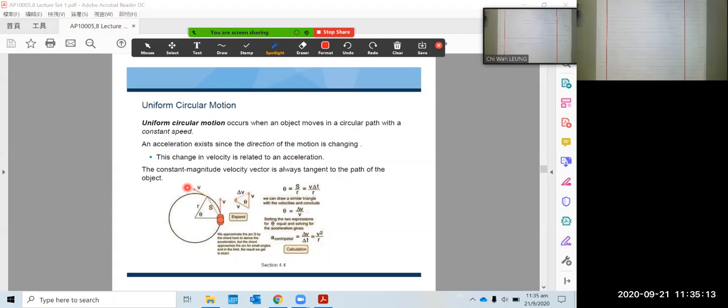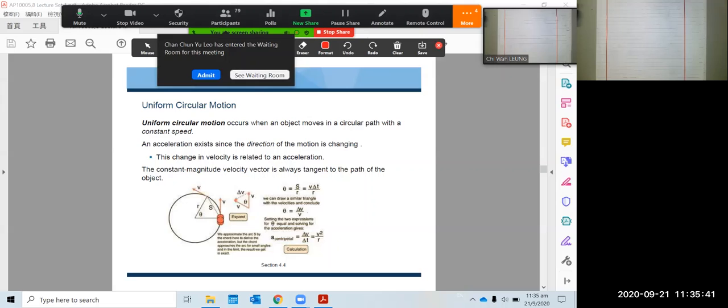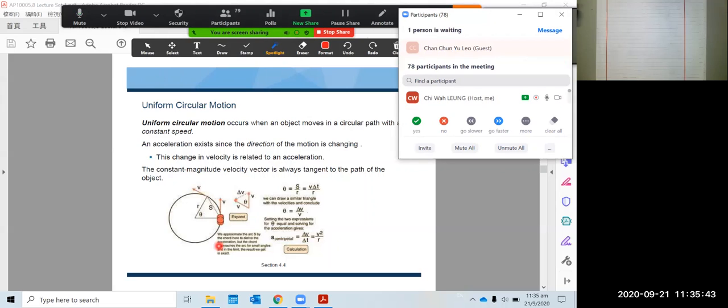The speed is constant, but the velocity is changing continuously because the direction keeps changing. The magnitude of the velocity, however, is constant. So in this case, we could derive the acceleration of the particle, because the velocity is changing, so there must be an acceleration. By derivation, we know that the acceleration points towards the center of the circular orbit.